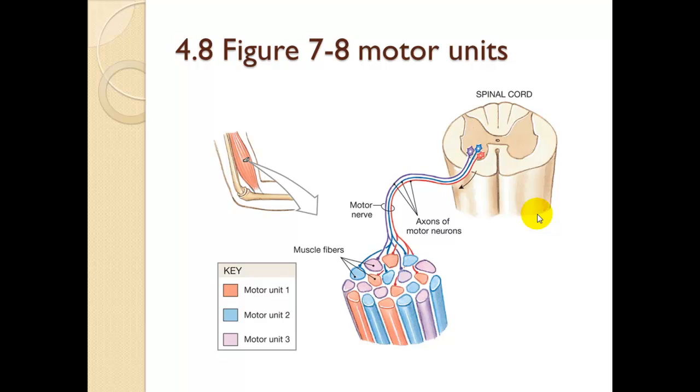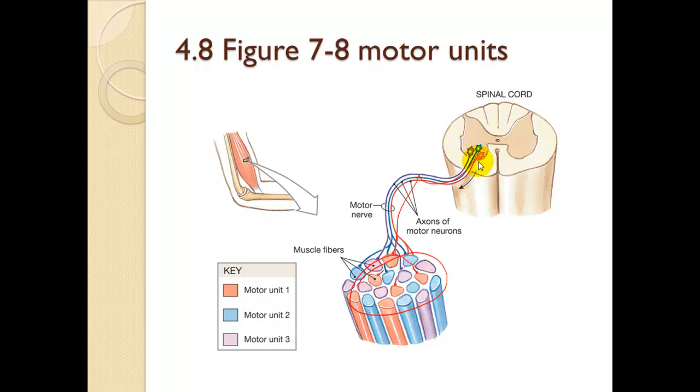Example of this: spinal cord, axons and neurons, and these are the muscle fibers down here. These are the nerve stimulus to it. The red is motor unit 1, motor unit 2, and then the purple is motor unit 3.